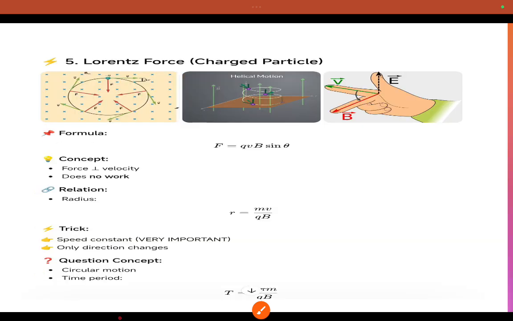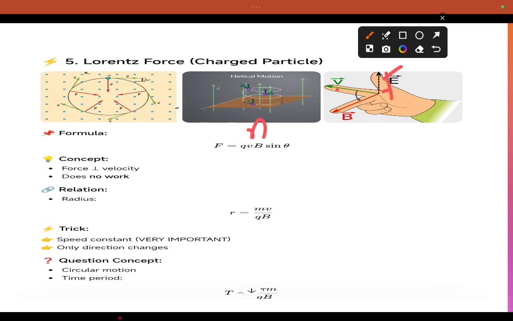Coming to the fifth concept, the Lorentz force, F equals q(v cross B), combining the electric and magnetic field concept. It is the force related to the magnetic field, particle velocity and charge. When a particle is revolving with a velocity, it follows a helical path.